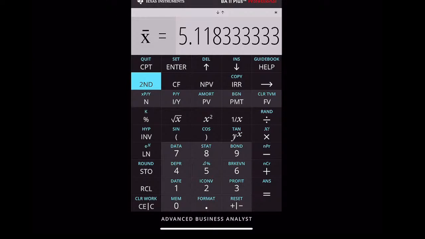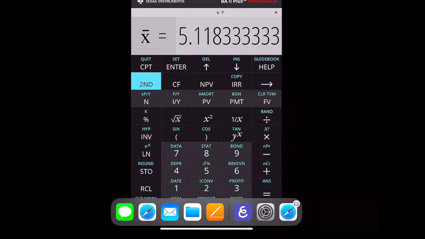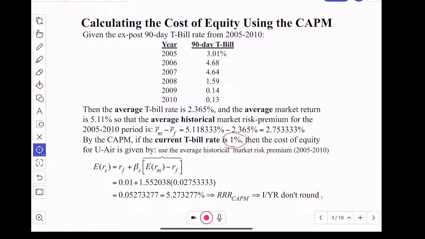This is the average return on the market, 5.1183. So that's 5.1183. And then we need the average from historical data about the T-bill rate. I also gave you this information from 2005 to 2010. And you calculate the average. You can put those in your calculator and you get 2.365.